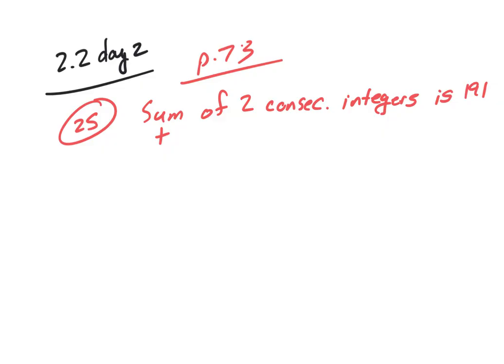When I say two consecutive integers, what would be an example of two consecutive integers? There's a ton of them. What's an integer, first of all? We've talked about integers earlier in chapter 1.